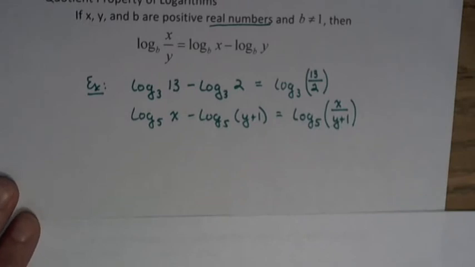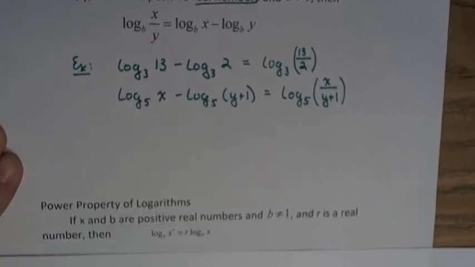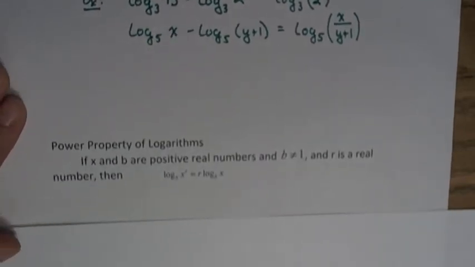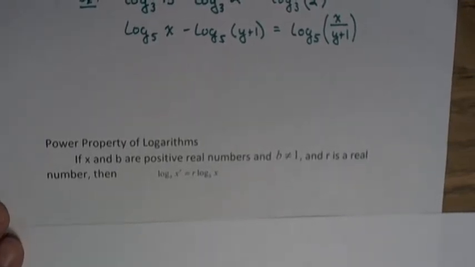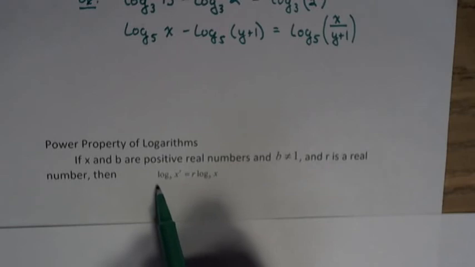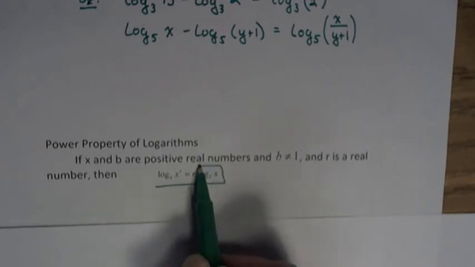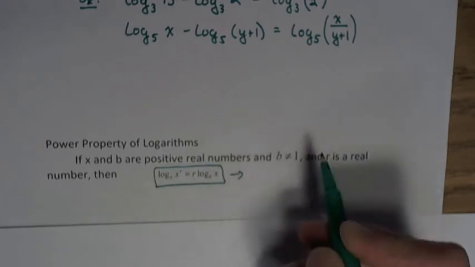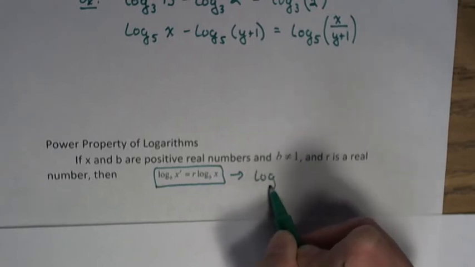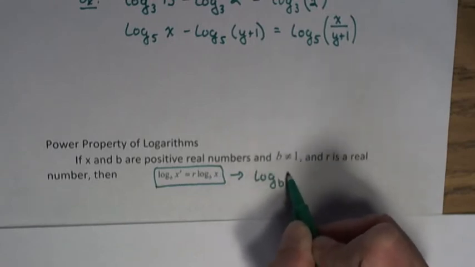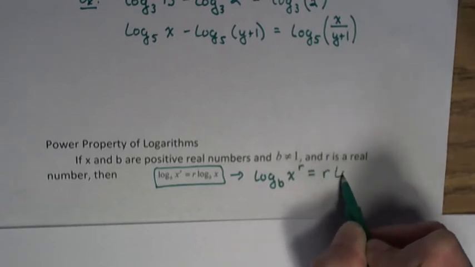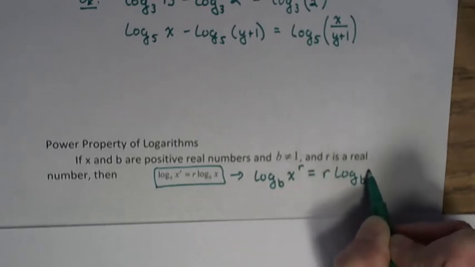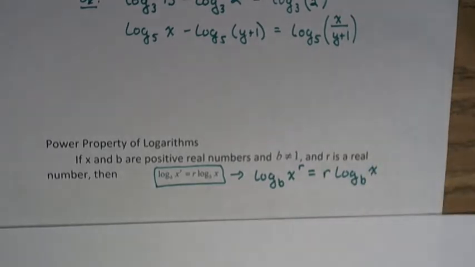All right, let's look at the final property for this section, and this is the power property of logarithms. It's written out very small here, so I'm going to rewrite it for you. This is log base b of x to the r is equal to r log base b of x.